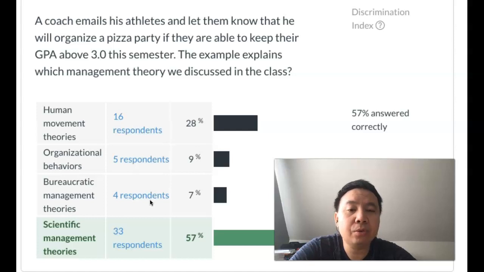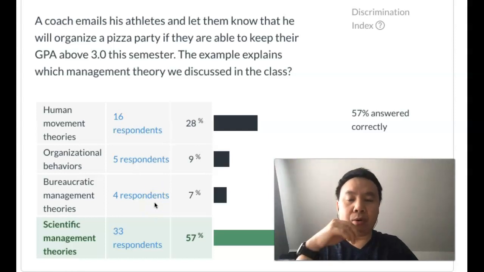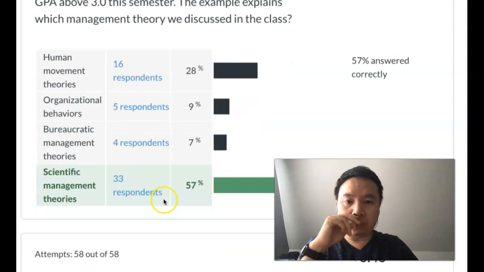To encourage people to improve their productivity, managers can provide some economic reward. In this example, the coach hopes the athletes can perform well in class, so to encourage them to achieve this goal, he would organize a pizza party. It's kind of like an economic reward. So this is question number 3.